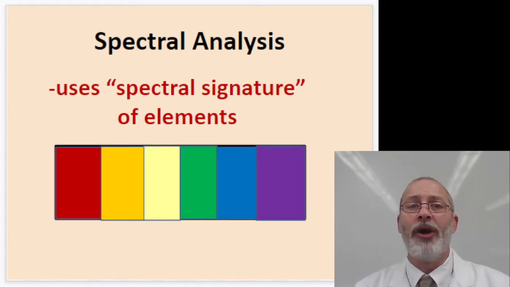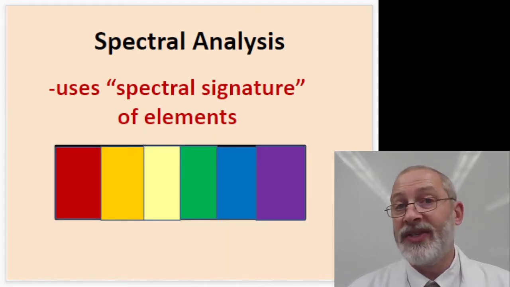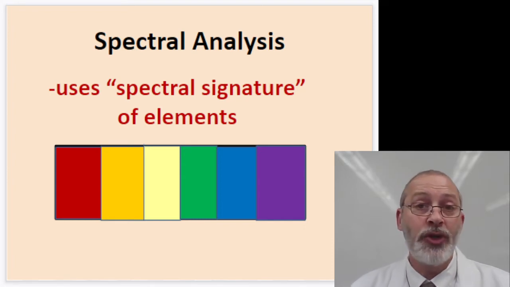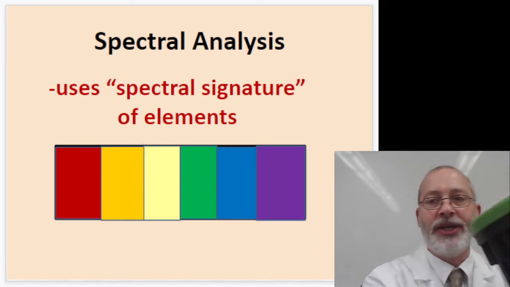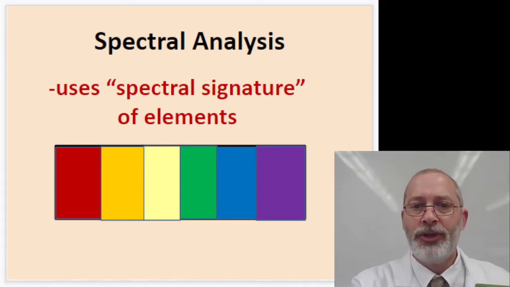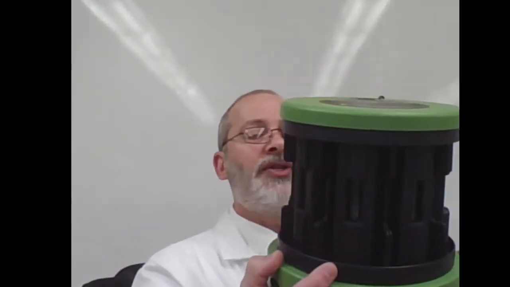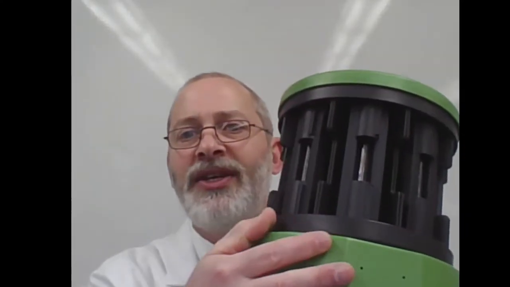So with our spectral analysis lab today, here's what we're going to be doing. I have a device here, and let me go up to a larger screen so you can see it. Inside this device are glass tubes, and these glass tubes are filled with an element.